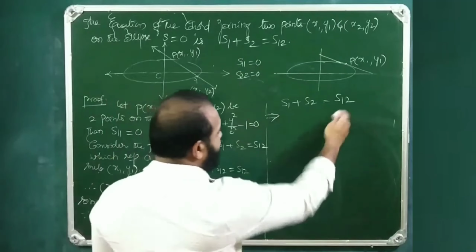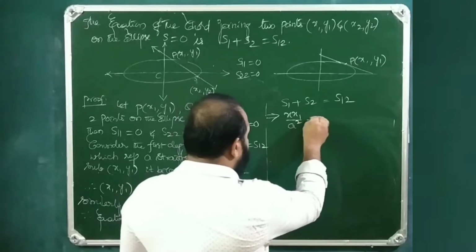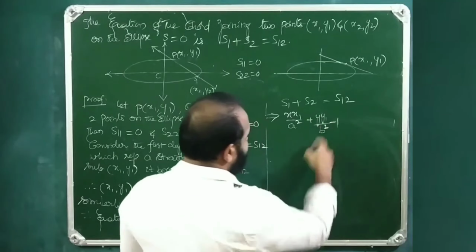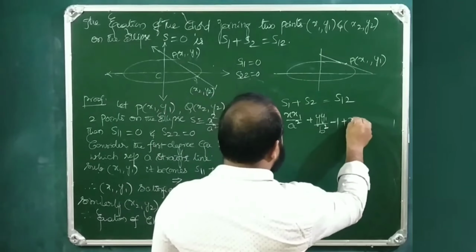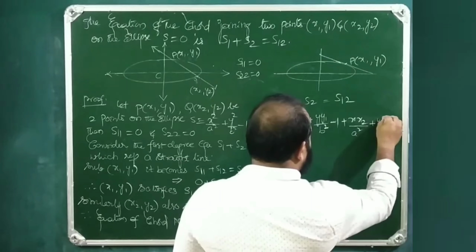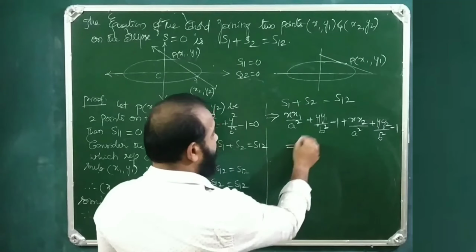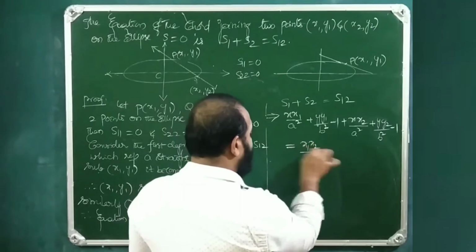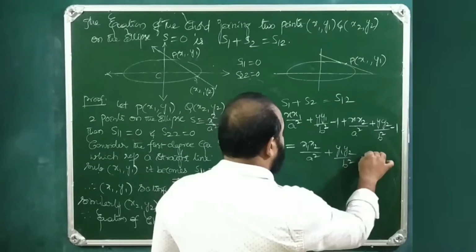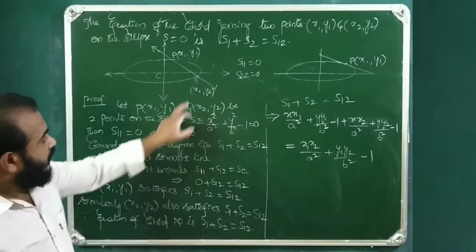Now take S1 + S2 = S12. What is S1? x1²/a² + y1²/b² − 1, plus x2²/a² + y2²/b² − 1, equals S12, which is x1x2/a² + y1y2/b² − 1. Now substitute (x2, y2).